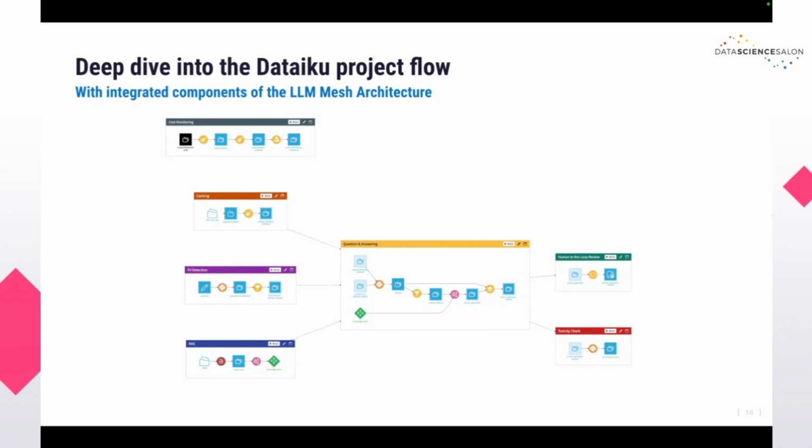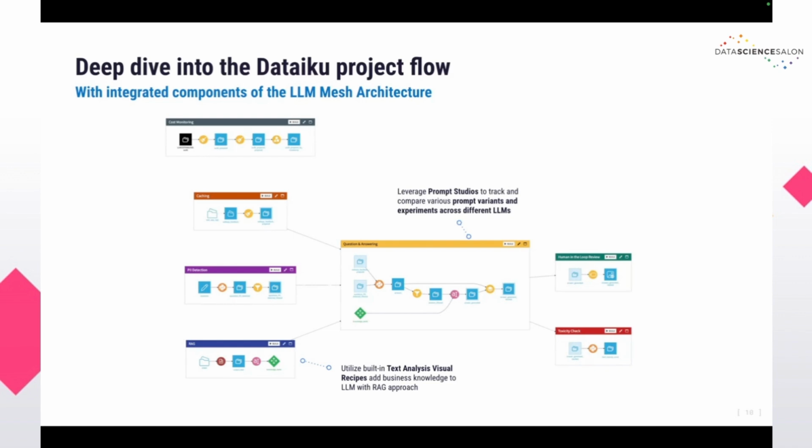And so I'll walk through each of these concepts to show how we've added functionalities that our stakeholders requested and use components of the LLM mesh to make sure that we're deploying this in a safe and governed way. First, we'll show how we can utilize built-in text analysis recipes to add business knowledge to our LLM with a RAG approach.